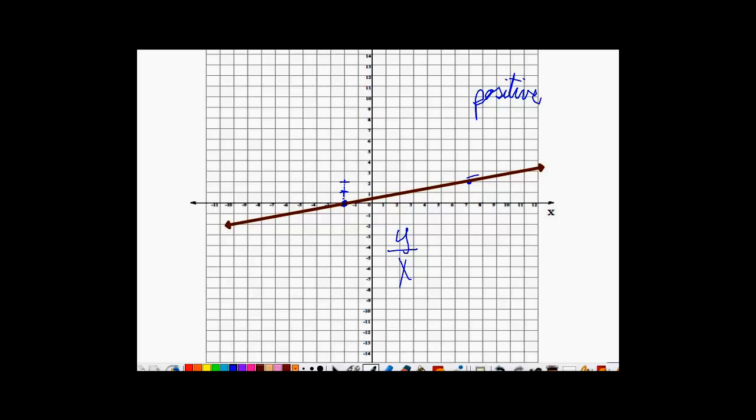Up 1, 2. How many are you going to run over? Well, starting from here, I'm going to run 1, 2, 3, 4, 5, 6, 7, 8, 9 to get to that point. 2 over 9, that is my slope. And again, it is positive, and it fits with the picture, it's going to go up and over.